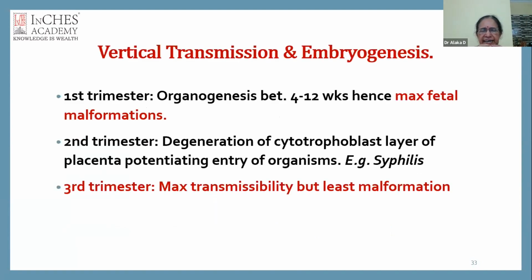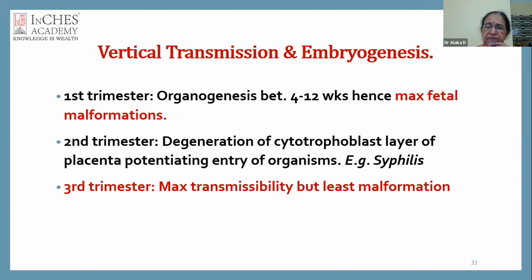Now, vertical transmission. There are infections in the mother which are vertically transmitted to the fetus. And therefore, let us see when the embryogenesis is taking place. In the first trimester, organogenesis takes place between the 4th to 12th week, and hence maximum fetal malformations occur in the first trimester.